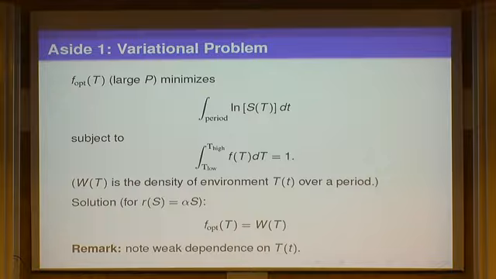Notice this is a weak dependence. It only depends on this density, not on the details of how these fluctuations actually go. That has to be the case because the timescales are independent of each other. The species can't really see the variations in environments, so they have to decouple this way.